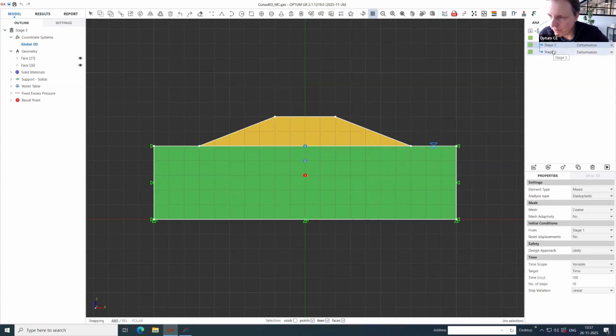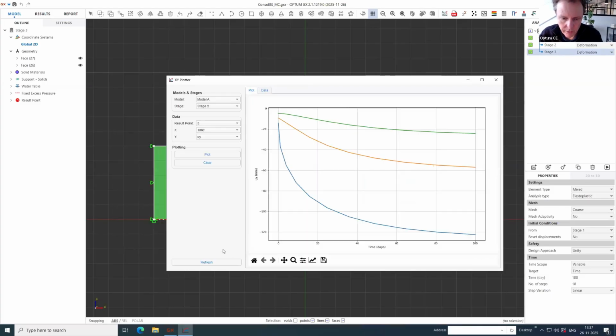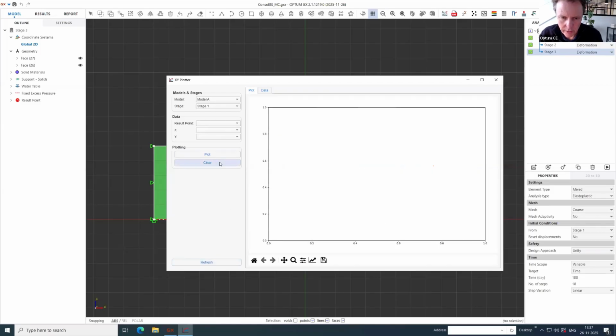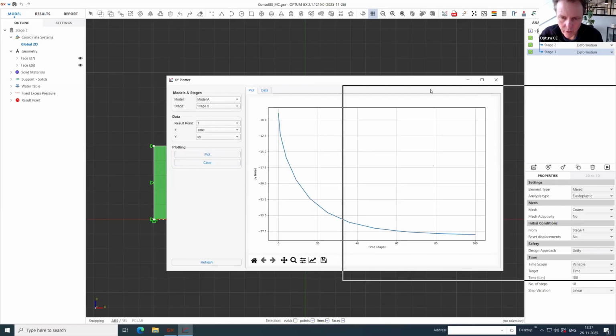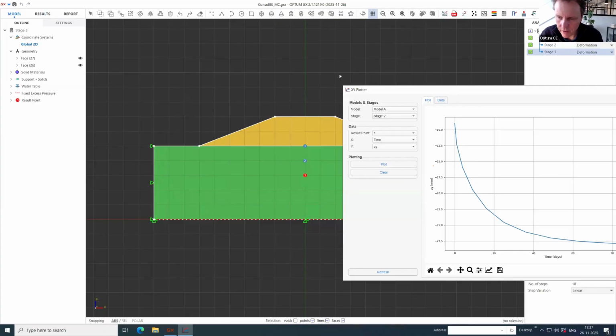So without this drainage boundary and with it, if we plot the results, it's already running. I should then say refresh and clear. And then I have my model, model 2, that's the one from before, at result point 1, so that's the one up here at the top.